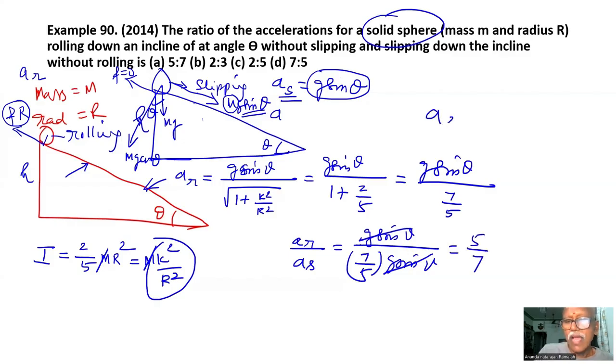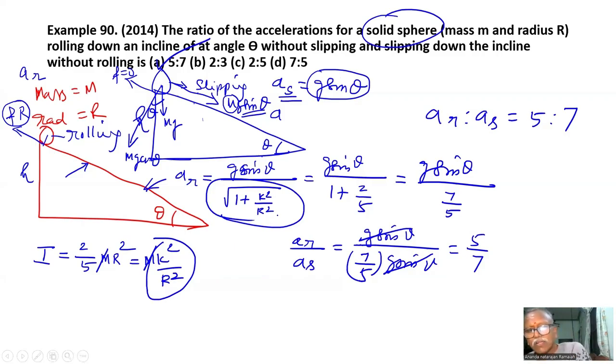AR is to AS equals 5 is to 7. Therefore, A is the answer. First is rolling, then slipping, therefore 5 is to 7. If you remember this formula, AR equals g sin theta divided by 1 plus k square divided by r square.